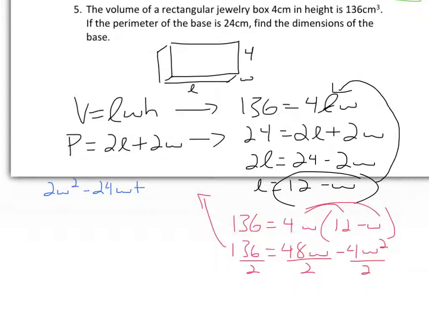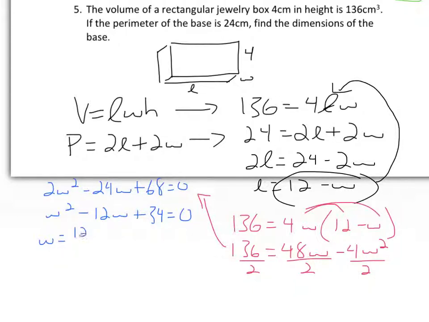Oh, I could do the whole 4. 68 equals 0. I can still divide everything by 2 here. So W squared minus 12W plus 34 equals 0. Okay, factor it if you can. Well, you can't.